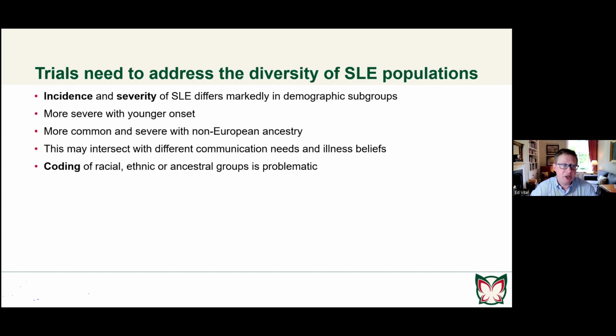And some of the groups who are more affected may be those who are harder to engage in trials, like patients who are younger, or patients who maybe are from immigrant populations and speak a different language or have different illness beliefs. It's an important issue in access of the right people to the right trials. We also need to know how to code these differences, which can be quite problematic. For example, if we describe a group of people as Asian, that can encompass some very different groups of individuals.